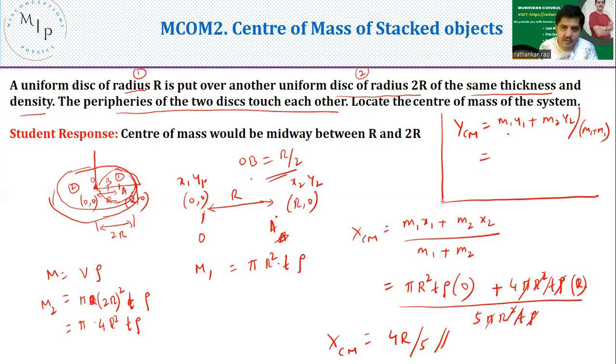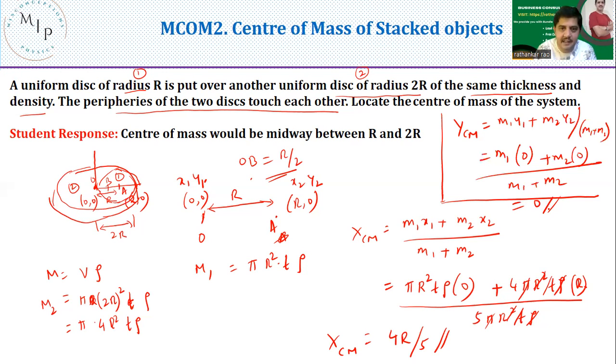So this should now be equal to m1 into y1. See, y coordinate is 0. So it is 0 plus m2, I'll just write m2 itself, and y2 once again is 0. Divided by m1 plus m2. So numerator is 0. So therefore YCM is equal to 0, right? Logically also, or mathematically also, we should get the same answer.